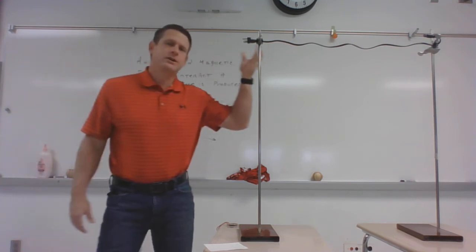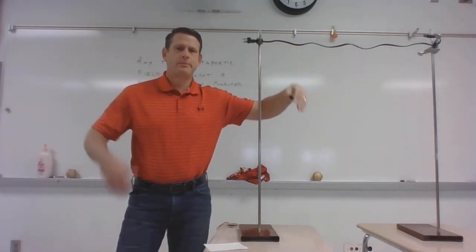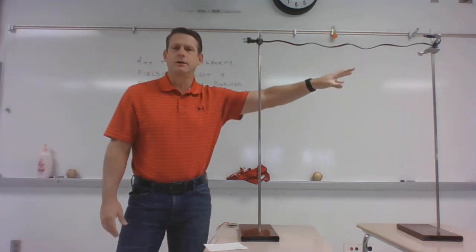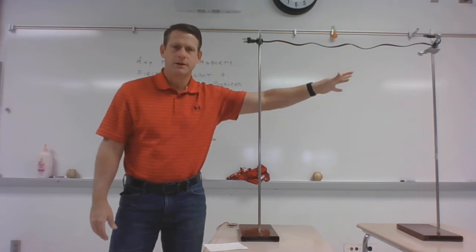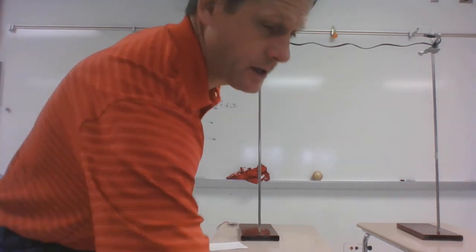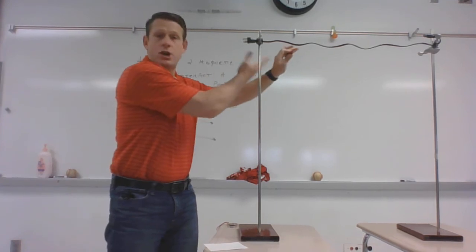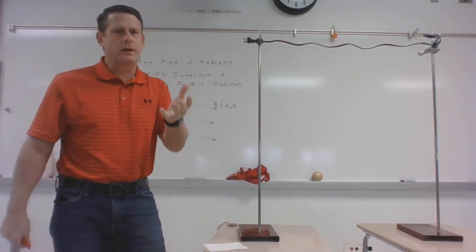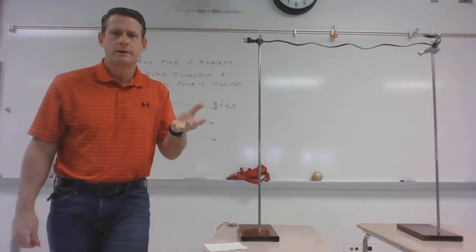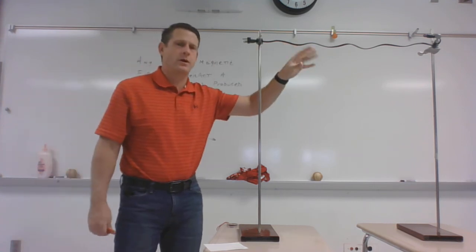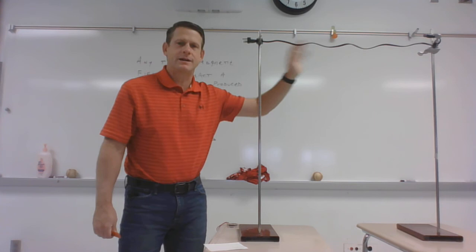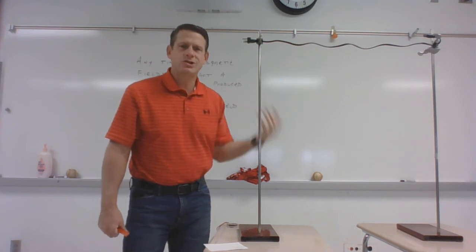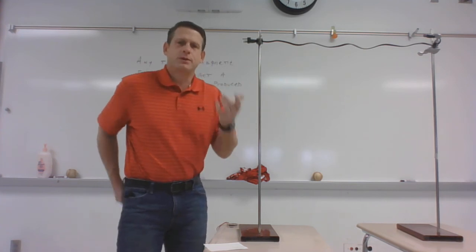If I run current through this wire, I'm producing a magnetic field. If I bring that current carrying wire near another magnetic field, perhaps one made by a bar magnet, more than likely one made by an electromagnet, then there's actually a force that gets produced.